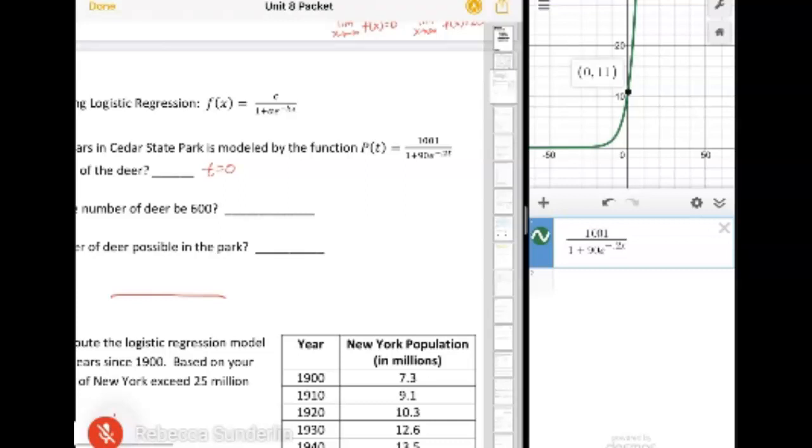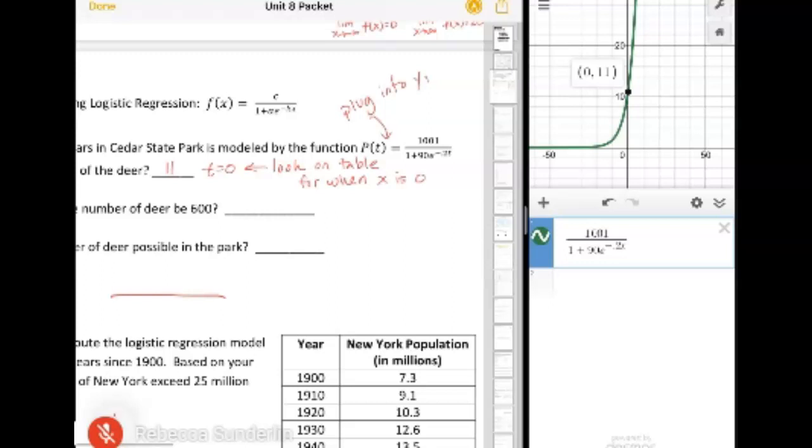What you're looking for is when x is 0. When x is 0, our y value is 11, meaning the population is 11. So what we did was plug into y1 or Desmos, and then we're looking on our table for when x is 0.